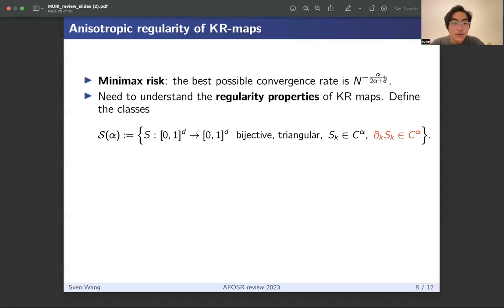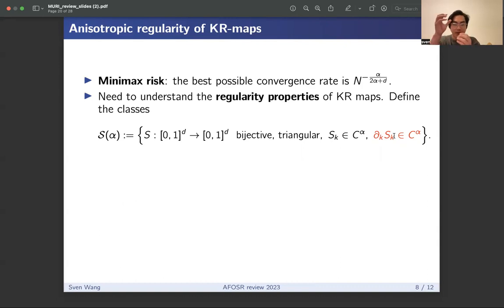So in order to achieve this rate, we actually need to study in a detailed way the regularity properties of these Knothe-Rosenblatt maps. And it turns out that this class curly S of alpha is the correct class to look at. So these are triangular and bijective maps that are not just C alpha smooth, but that have a certain type of anisotropic smoothness.